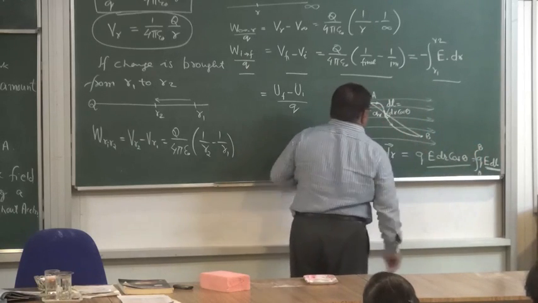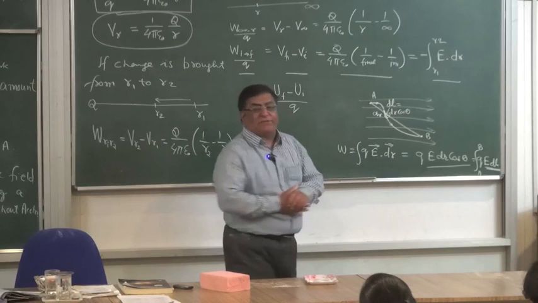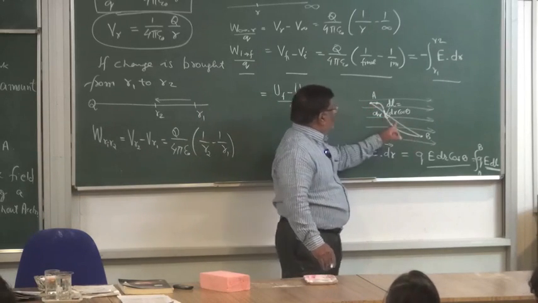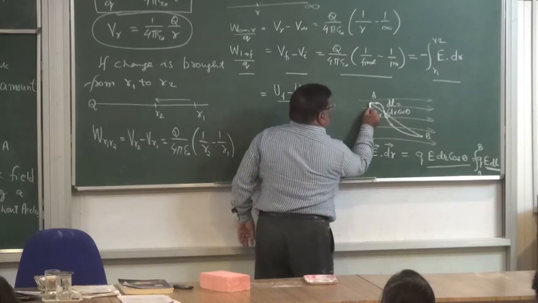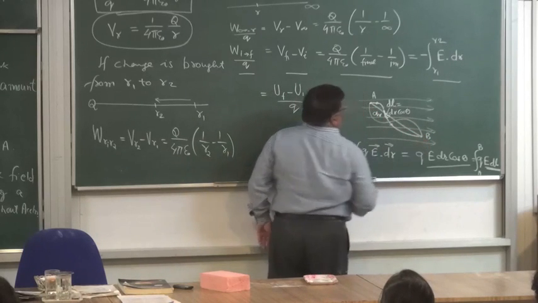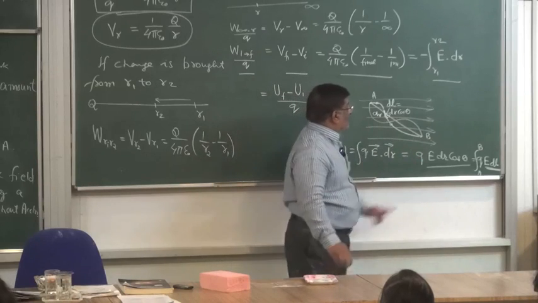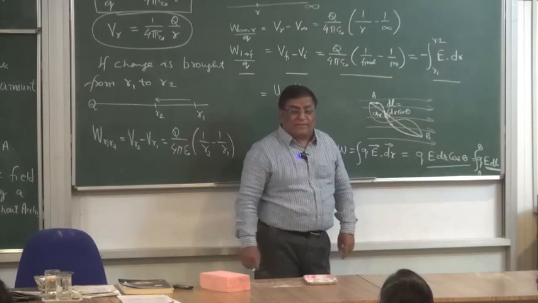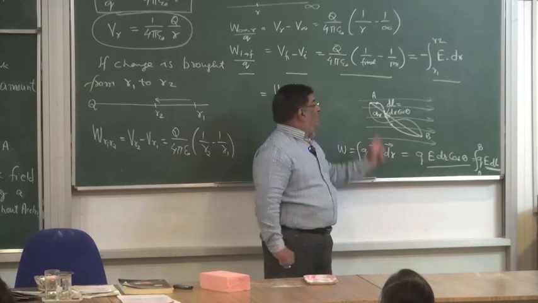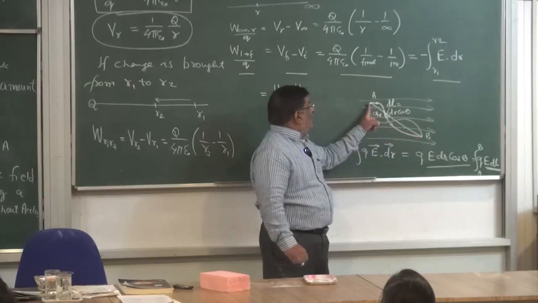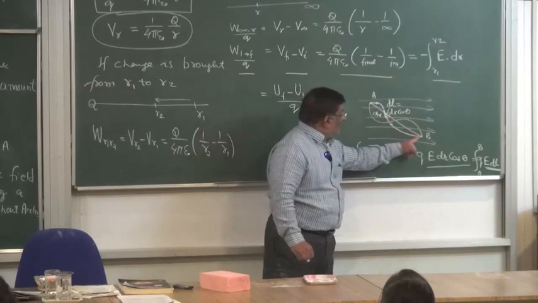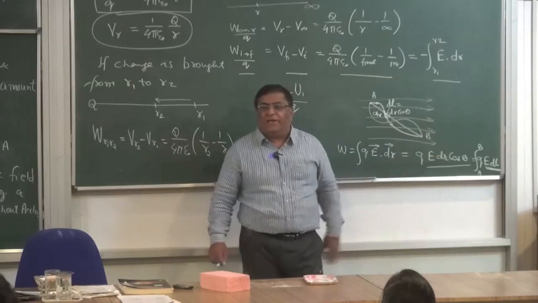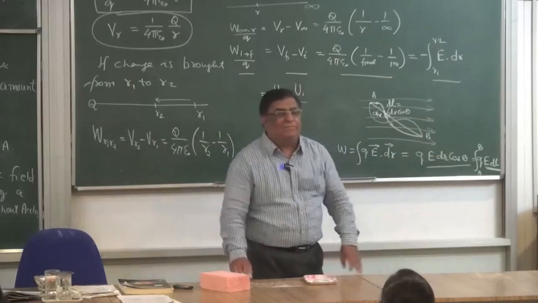ये अब इससे एक बहुत ही इंपॉर्टेंट कंक्लूजन हमारा निकलता है. ये ऐसे ऐसे हमने लिया, ये dl. अगर हम इसको ऐसे लेते तब भी हमारा रिजल्ट E dl आता, because everywhere dr cos theta is equal to dl. इसका मतलब ये है, this means that if a charge is brought from A to B by this path, by this path, and by this path, the work done is always integration E dl.